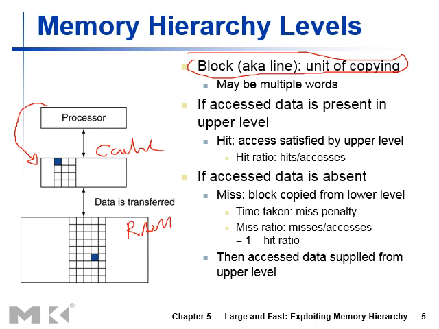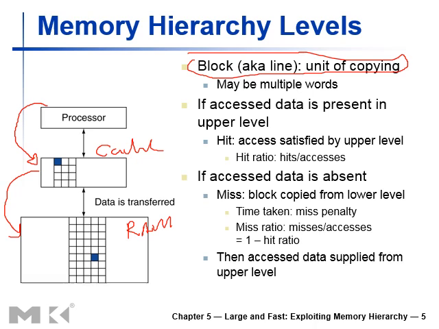You don't have any penalty in terms of clock cycles on a hit, because you don't have to access RAM for those particular blocks. No cycles are wasted in that scenario. But if that block is not found, then we move to the next level, for example the RAM, and we move that block from RAM to the cache.